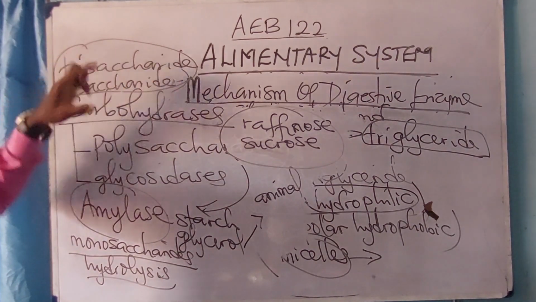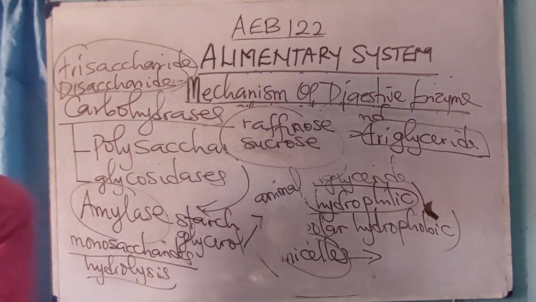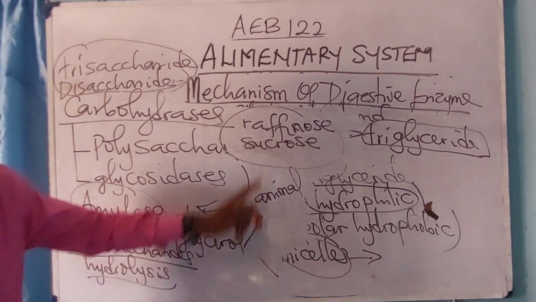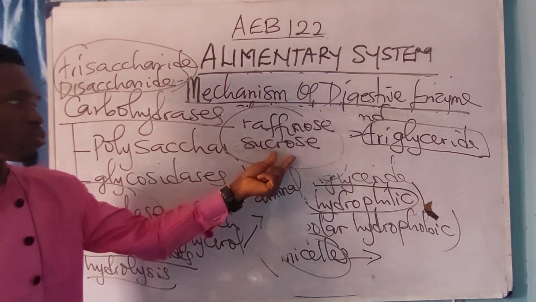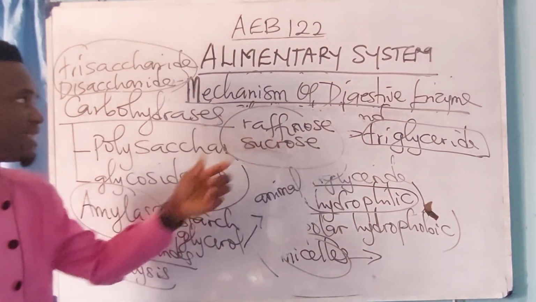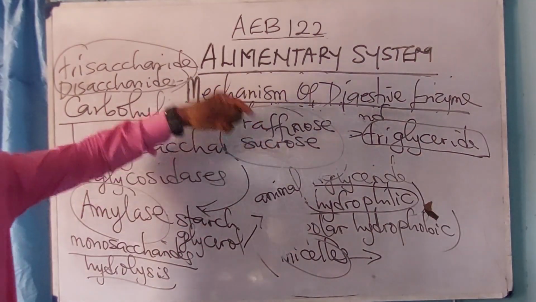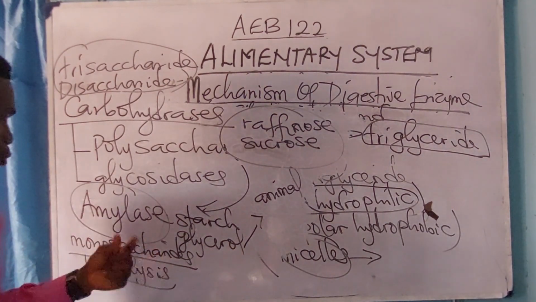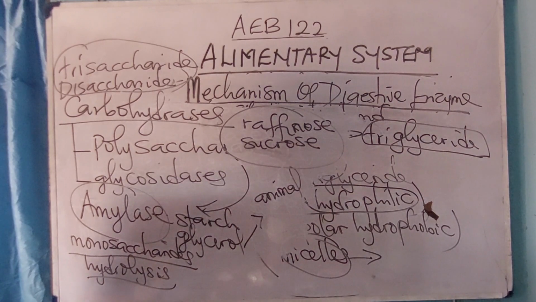These two will now combine with other carbohydrates to form a respective trisaccharide, called raffinose in plants and sucrose in what? Animals. And these trisaccharides are converted into monosaccharide through hydrolysis by the glycosidases.